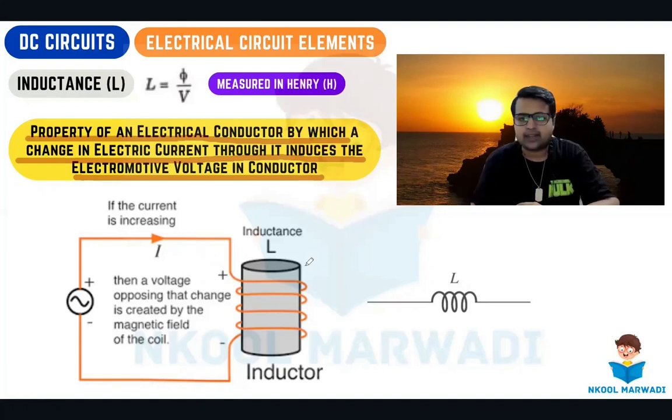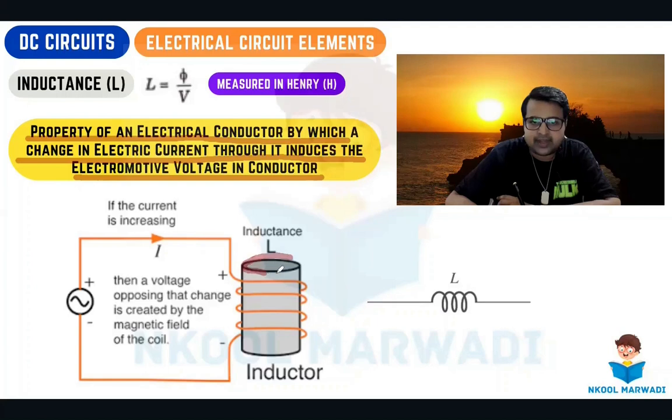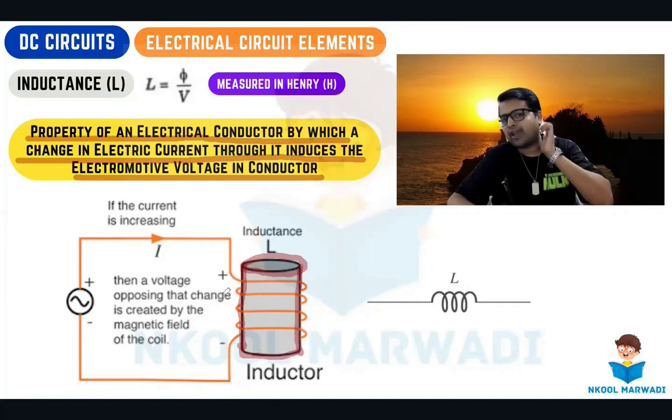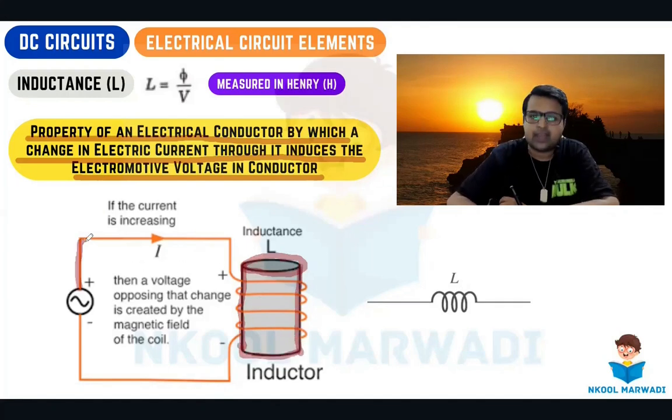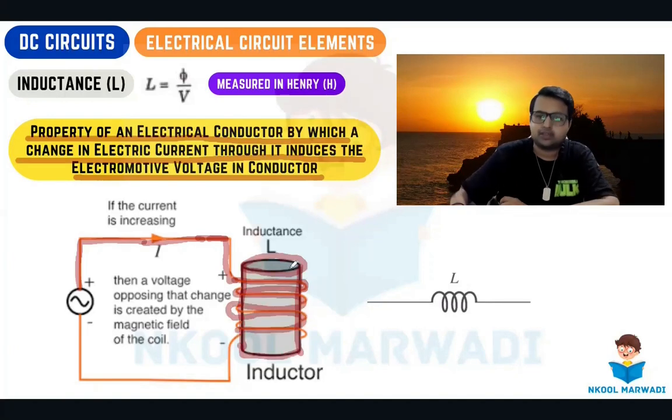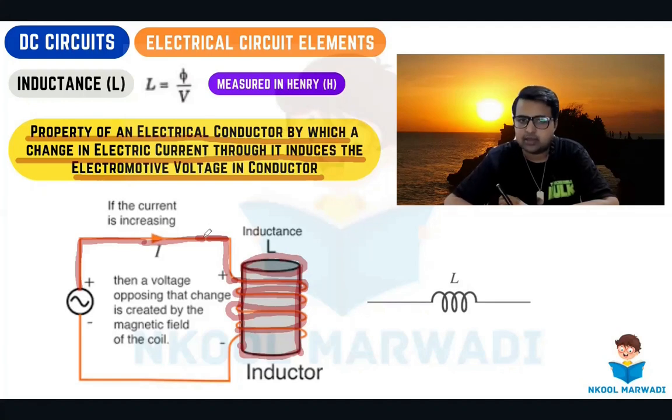Okay, let us suppose I have a material, like this cylinder you are seeing. This cylinder is basically an electrical conductor. Now I have a wire which is rolled around this conductor. Usually this will be a naked wire, with the outer insulation removed.